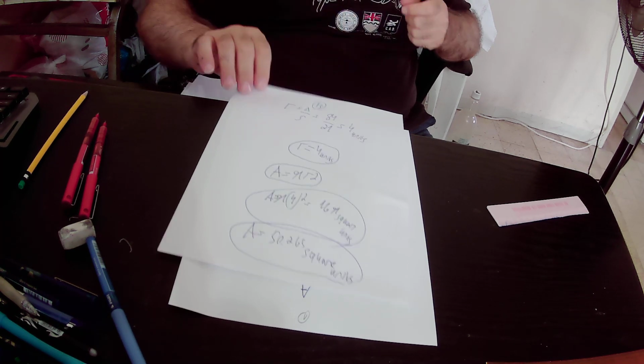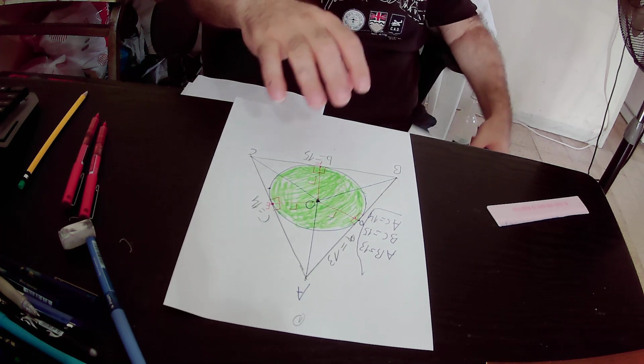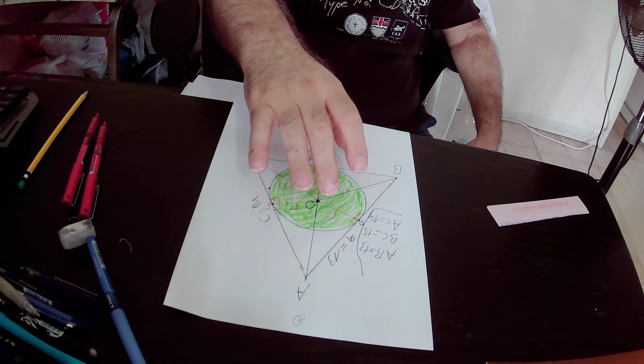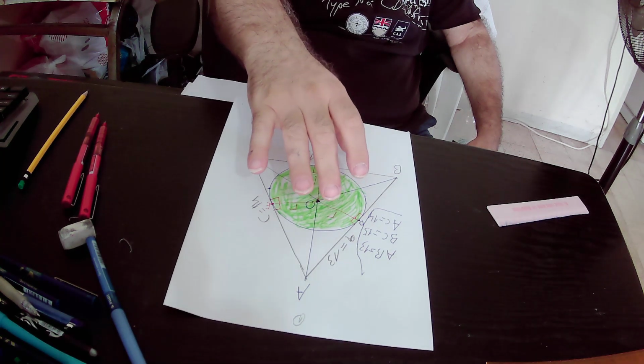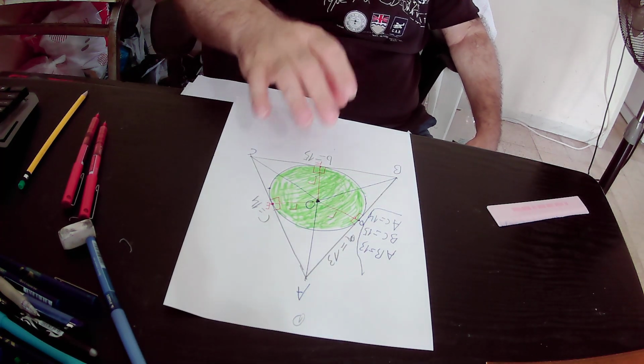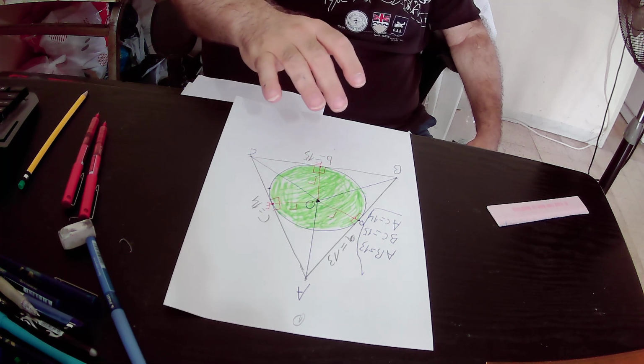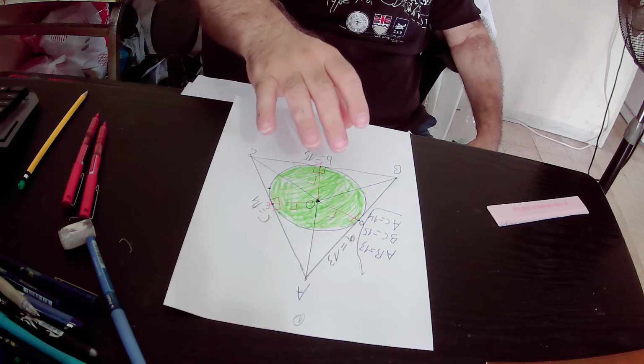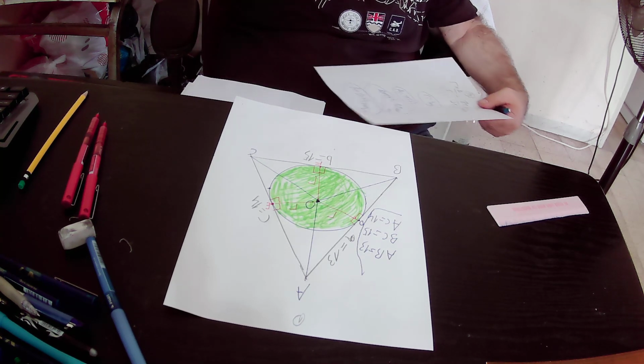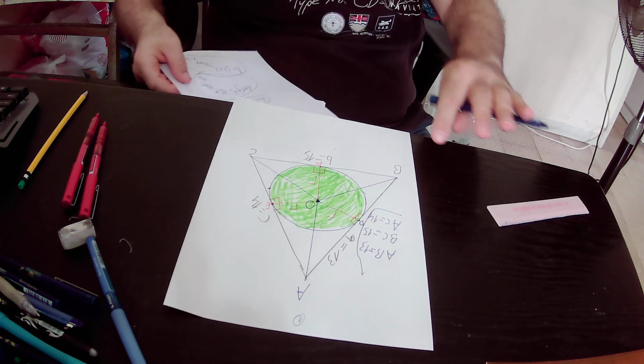So the area of this green circle equals 50.265 square units, or 16 times pi square units. Okay, so now I will summarize the lecture.